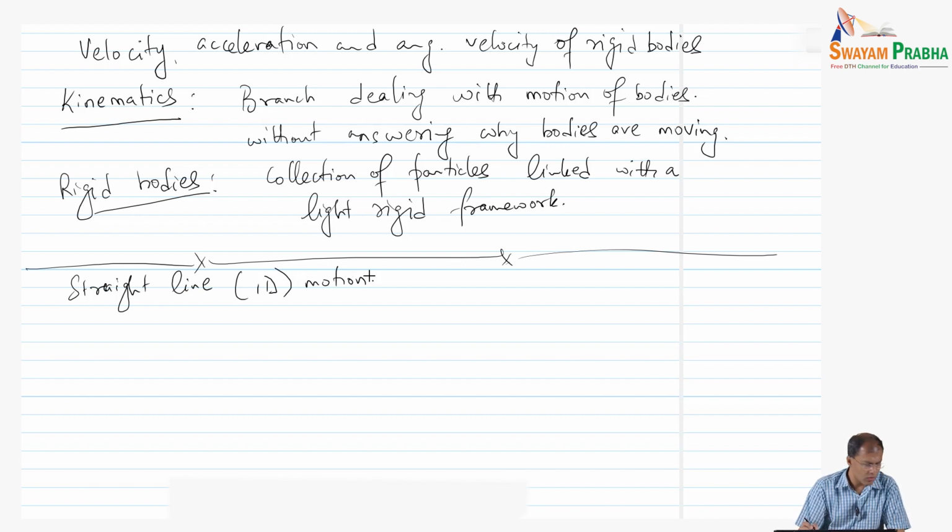We are talking about the motion of a particle along a line. So let's say we have a particle P and it is moving with a velocity v. To begin with, let us start by describing the mean velocity of the particle P.